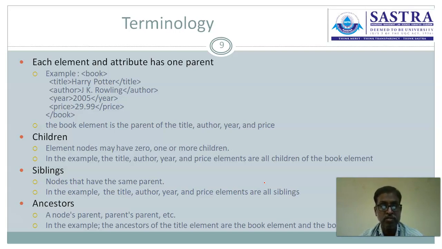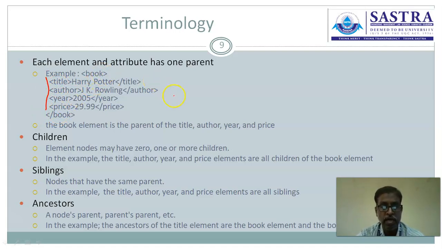And then siblings: nodes that have the same parent are called siblings. In our example, title, author, year, price. These 4 elements are called siblings, because all 4 elements have the same parent, book.